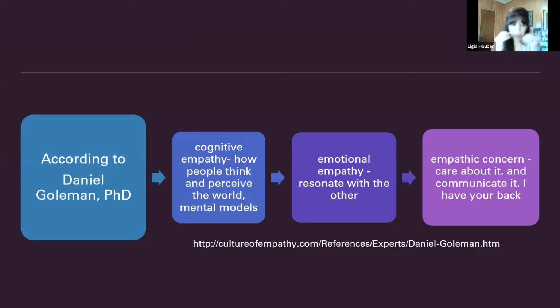And this is when people say, I have your back, that we support them, that we are with them all the way. That has to do with empathic concern. Couples tend to appreciate that. Couples, parents with children, children with parents, they appreciate that the other person has their back. So all these three have to do with empathy. It's like an umbrella, no? Empathy is an umbrella, and it has the different aspects of empathy.